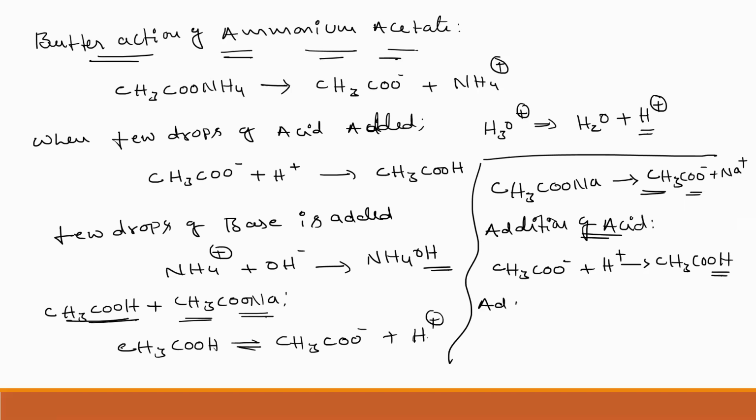Suppose we do addition of base, what is going to happen? Whatever H plus ions are present in the solution, those combine with the base to produce water molecule. So because of this also, the pH of the solution remains the same.